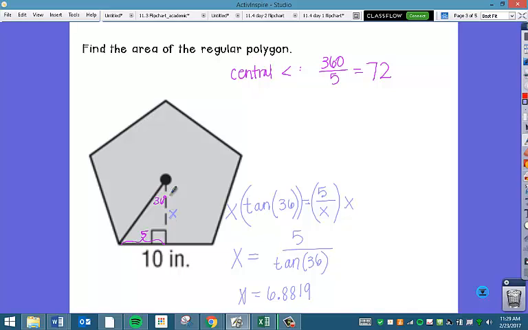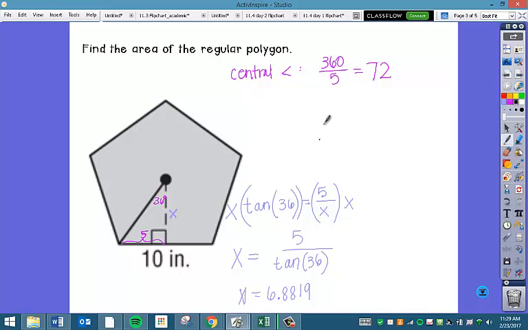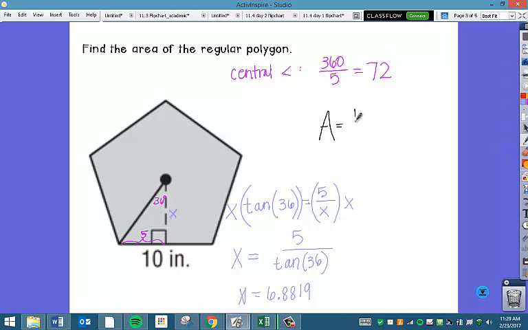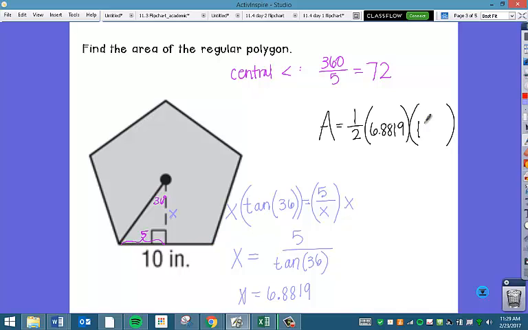Okay, I know my apothem, and so now I can go find the area of this polygon. Area of my polygon is 1/2 times my apothem, 6.8819, times my perimeter. And remember, we talked about how you can find the perimeter by taking the side length, which is 10, and multiplying that by the number of sides. This is a 5-sided polygon.